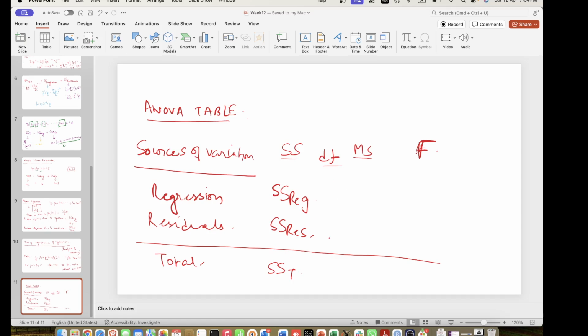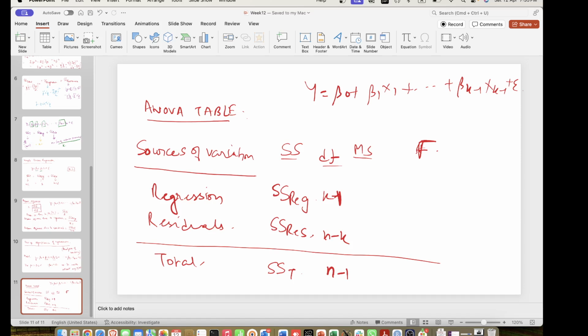So when I'm talking about DF, I have n minus 1 degrees of freedom here, n minus k over here. Remember, the model is beta naught with an intercept, beta 1 x1 plus beta k minus 1 xk minus 1 plus epsilon. Okay, so here it should be k minus 1, this minus this.